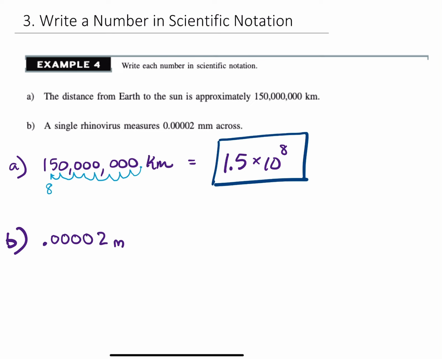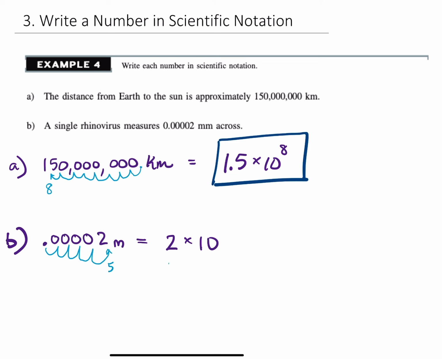So for this to be in scientific notation, I'm imagining the decimal place should be right after this 2, 2.0 times 10 to some power. And the power will be the number of spaces we need to move. So 1, 2, 3, 4. That's 5 spaces.